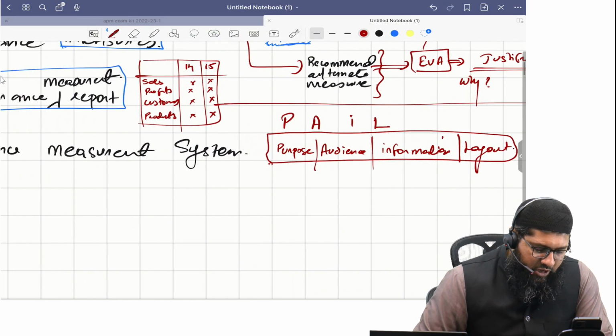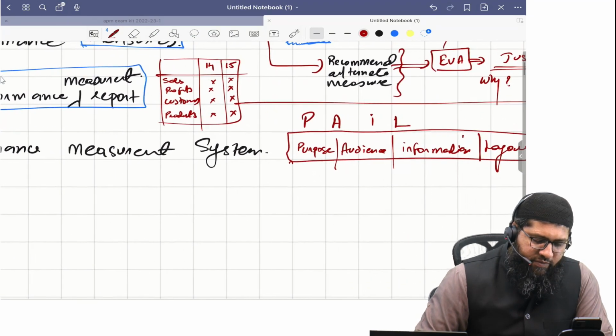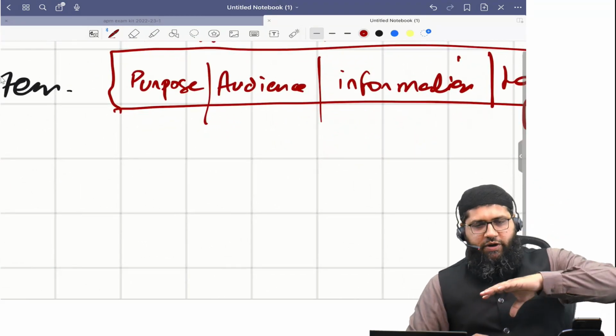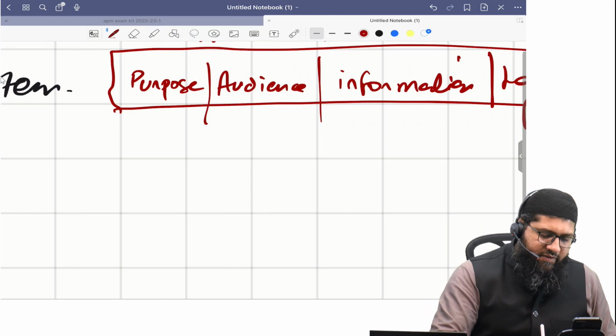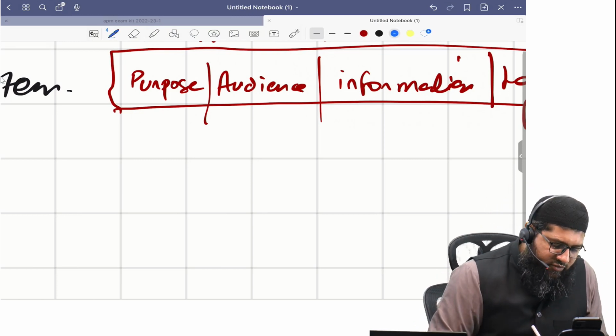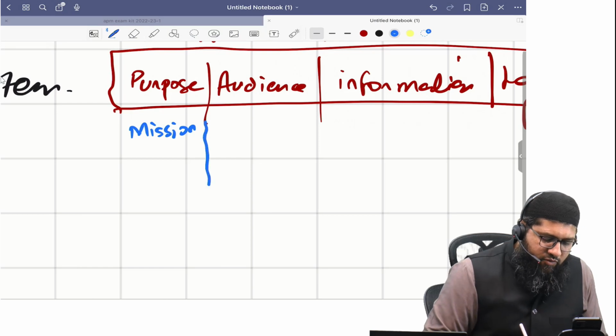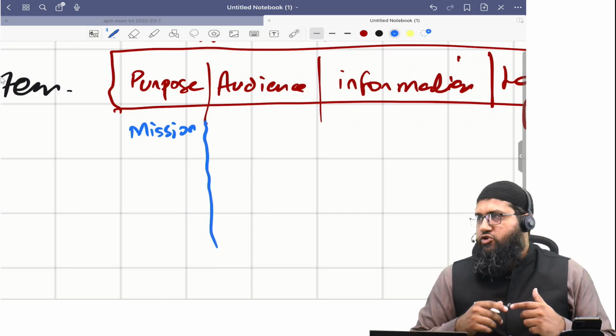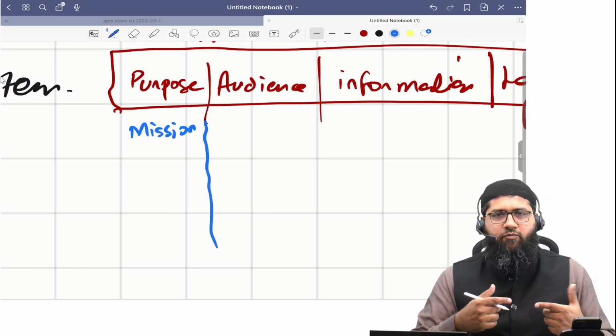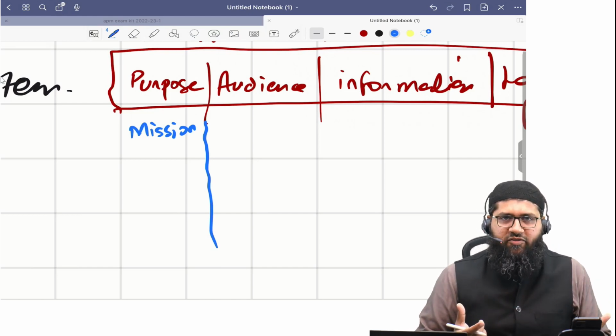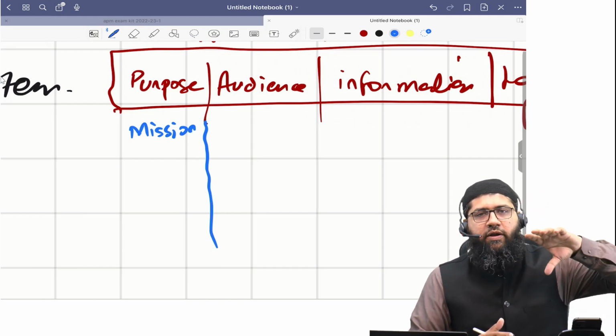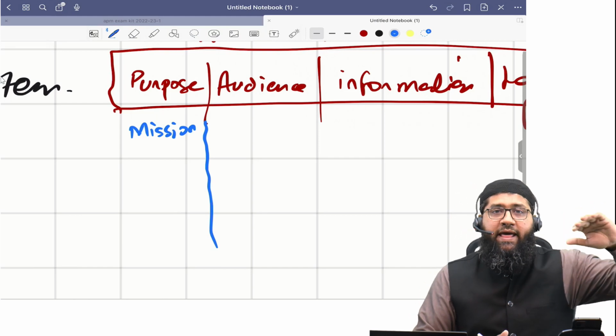Now see, when we talk about purpose, audience, information, layout, generally the organization has a mission statement, right? The companies have a mission statement. The mission of the organization gives you a direction.